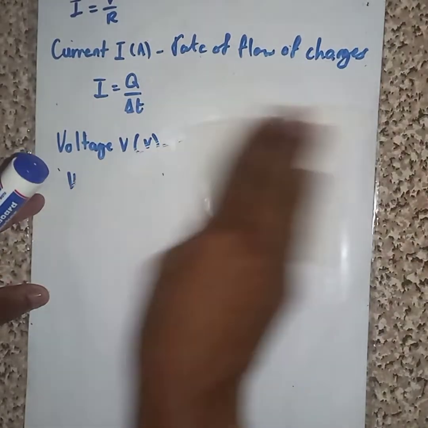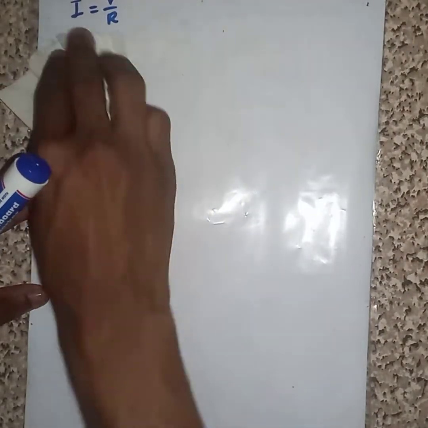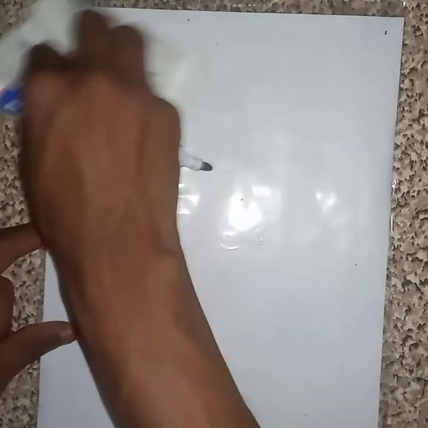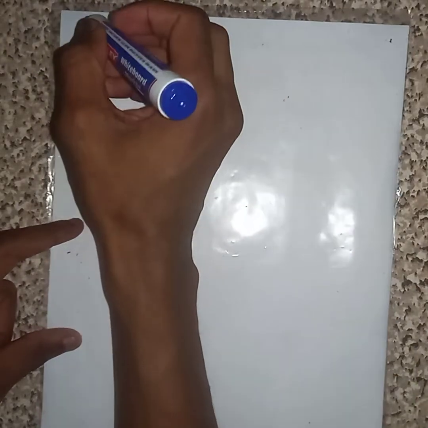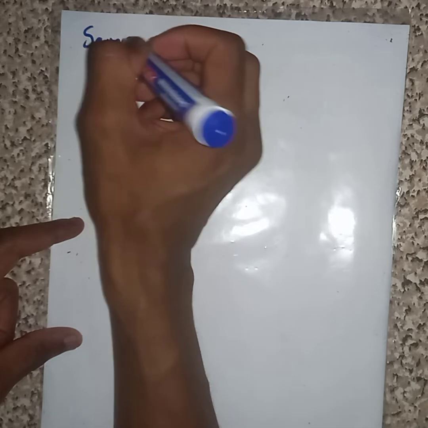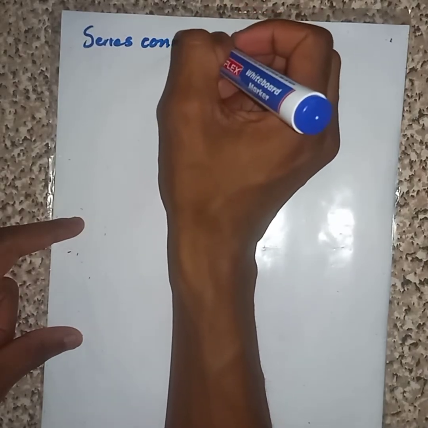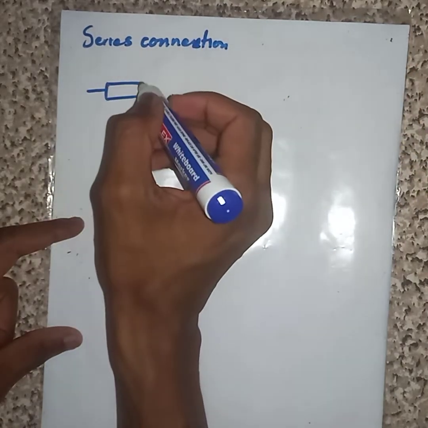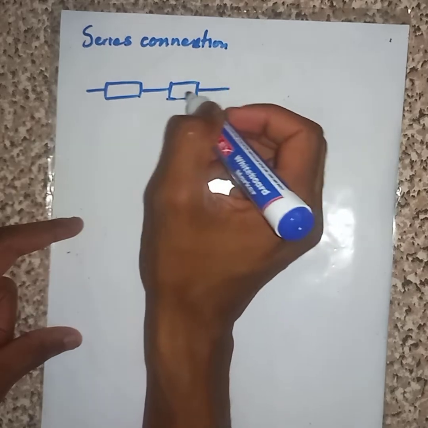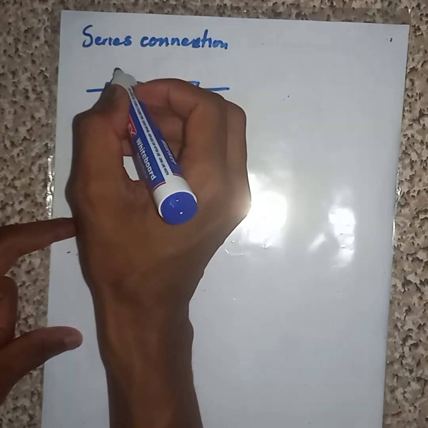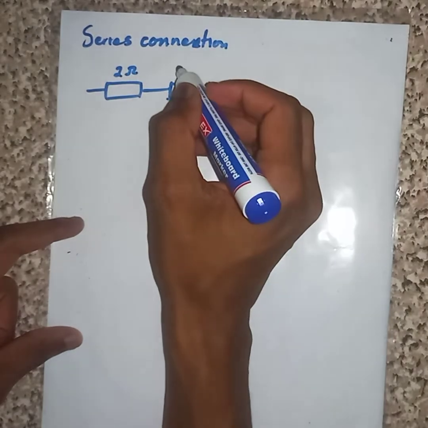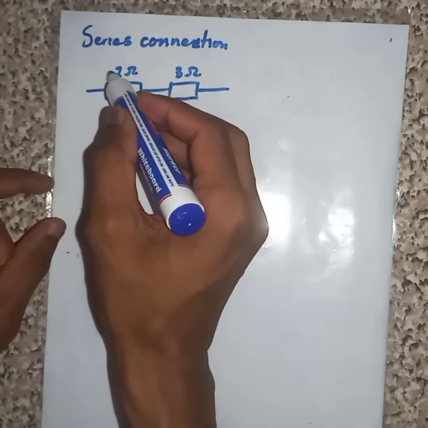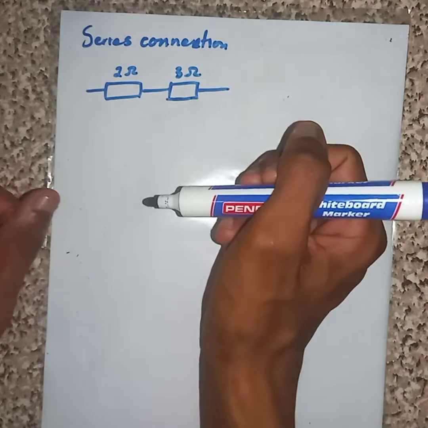Suppose I have a series connection of two resistors. Say I have, let's say, 2 ohm together with 3 ohm. I have two resistors, this one and this one.